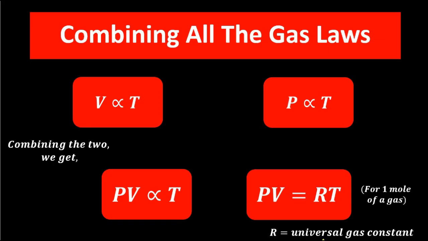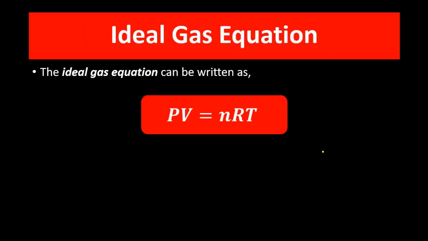The important thing here is that this is only for 1 mole of a gas, which is specified by Avogadro's number. Now if we want to write this equation for n moles of gas, we will have PV is equal to nRT, where n is the number of moles of gas, and R is the universal gas constant.